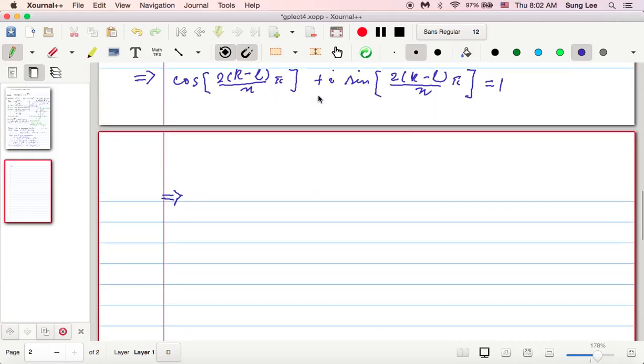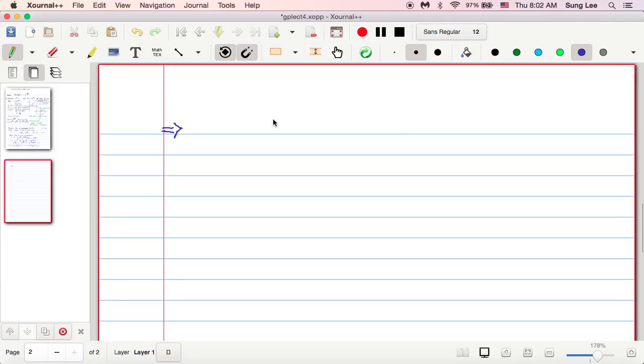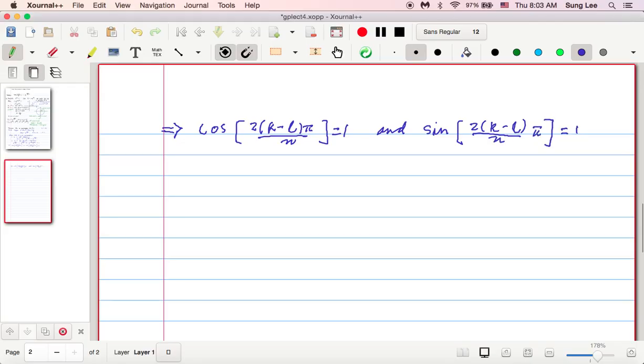Sorry, I'm back. So what this means is that, by comparing the real part and imaginary part, we get cosine of 2 times (k minus l) pi over n equals 1, and sine of 2 times (k minus l) over n pi equals 0.